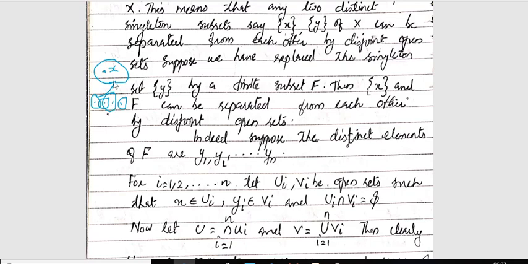Namely, you can take this for each i, for i equal to 1, 2, 3, up to n, Ui and Vi. So you can select open sets such that x belongs to Ui and yi belongs to Vi, with the condition that Ui intersection Vi is empty.